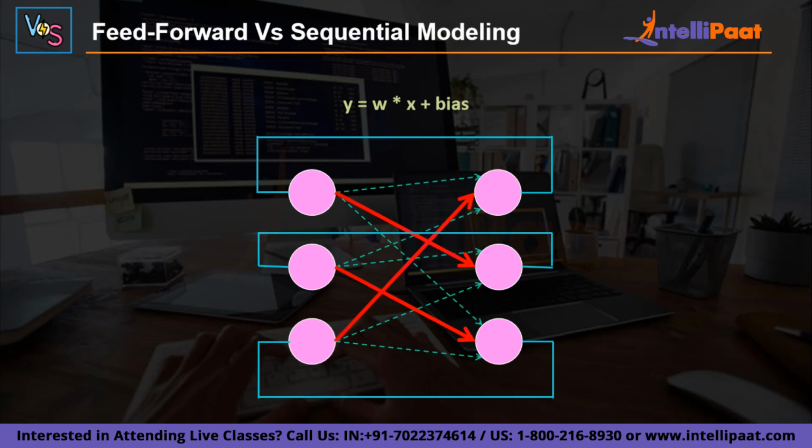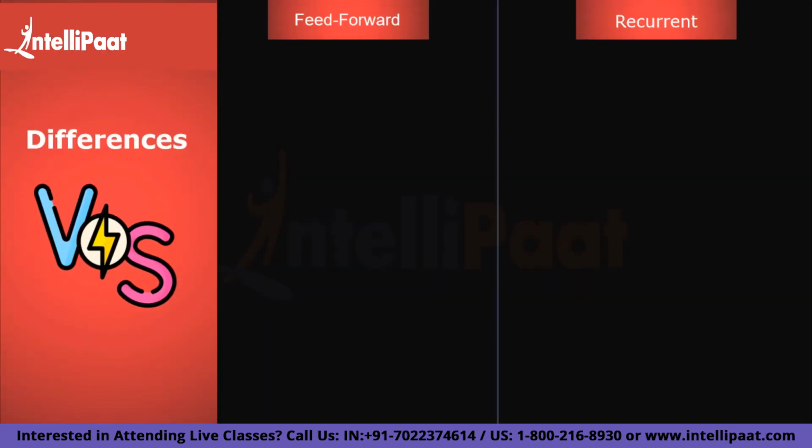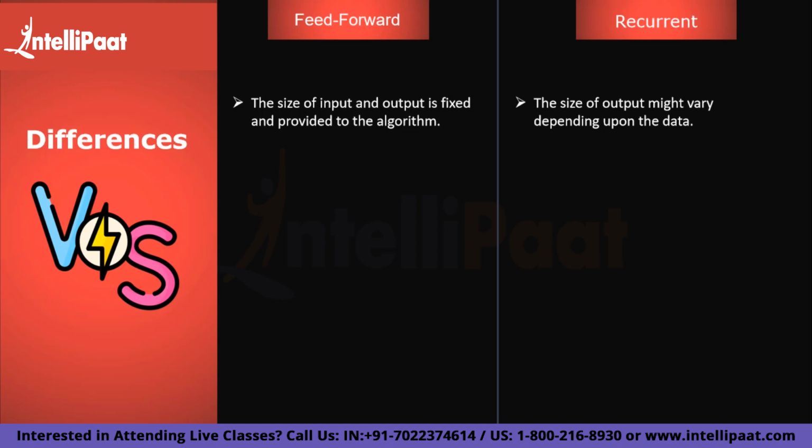Let's list all the differences between feed-forward neural network and recurrent neural network that we have observed. The first significant difference that you should always keep in mind is that the size of input and output is fixed, static in the case of feed-forward neural network. We mentioned this at the beginning itself, right?